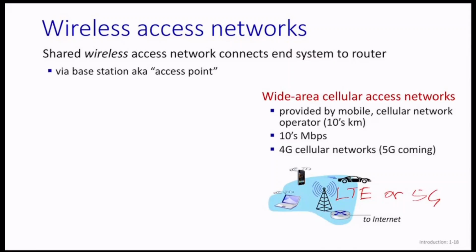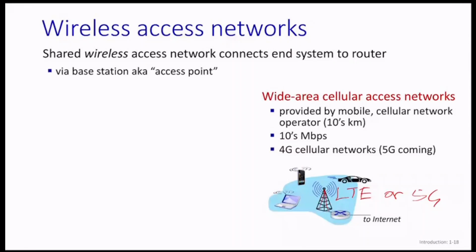What's the difference between outdoor and indoor? Indoor is short range, like even Wi-Fi can carry maybe 100 meters. For outdoor, we want to connect to the internet wirelessly over maybe up to 10 kilometers, so this is very long range communication.